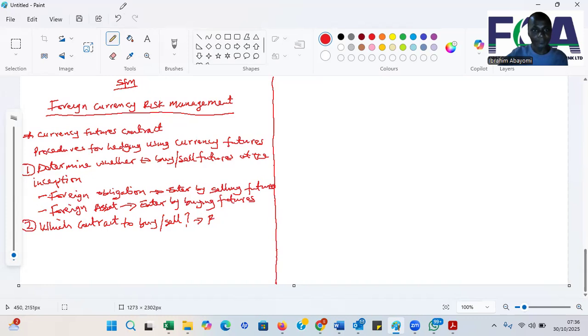You buy or sell a contract that expires immediately after your transaction date. Put it that way.